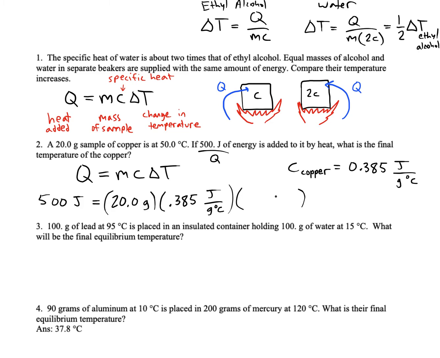And then for our delta T, I'll do T final minus T initial. And they did say that the initial T is 50 degrees. That's an equation that you'd want to just solve for the final temperature. I'm getting 115 degrees Celsius.